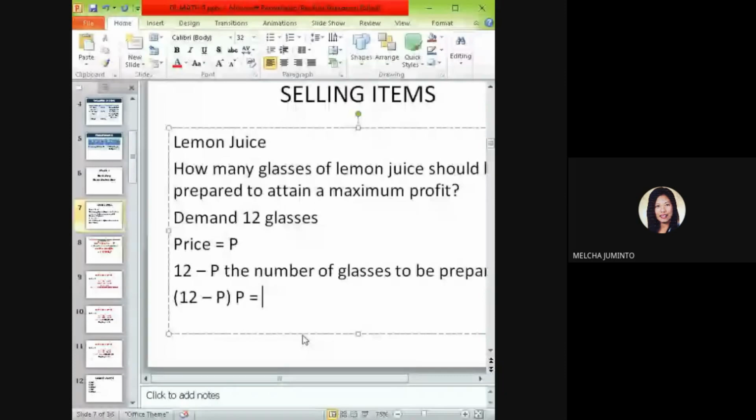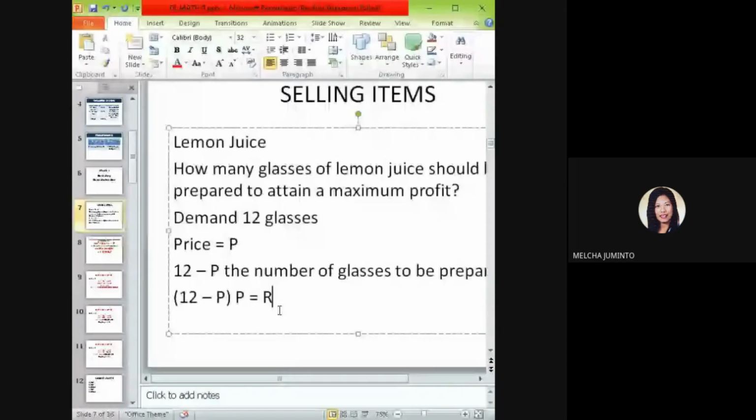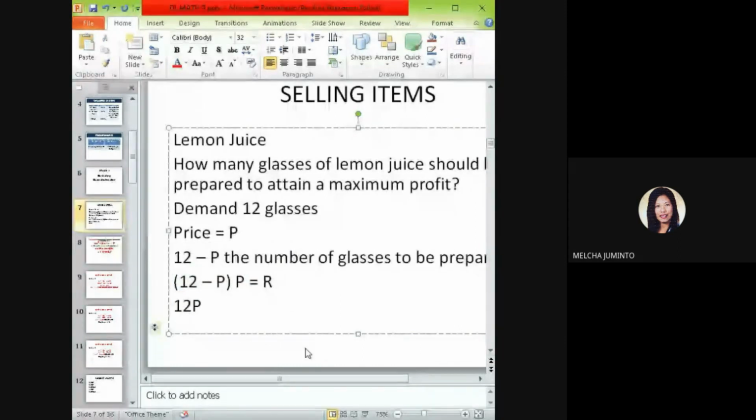The uppercase R means the revenue. If we use multiplication by distribution, ito ng grade 8, we will distribute P to the parentheses. We will get 12P, obtained by multiplying 12 and P. And minus, if I multiply P times P, we will get P squared.